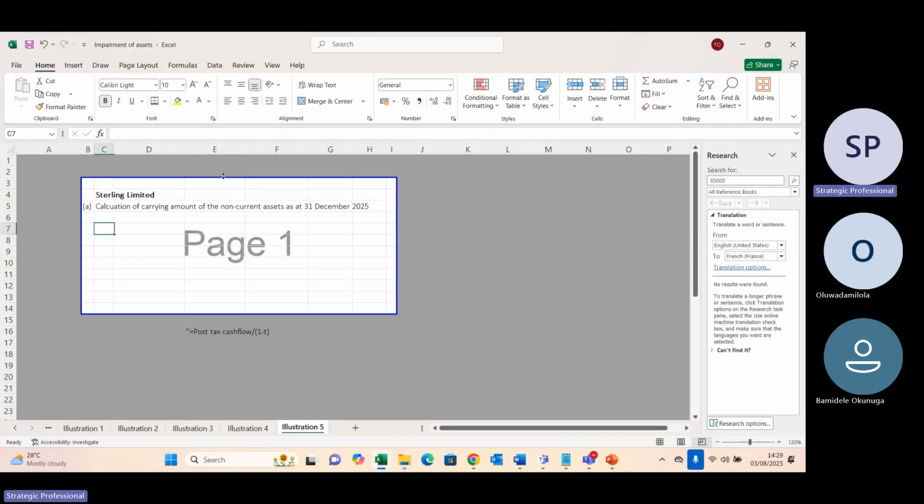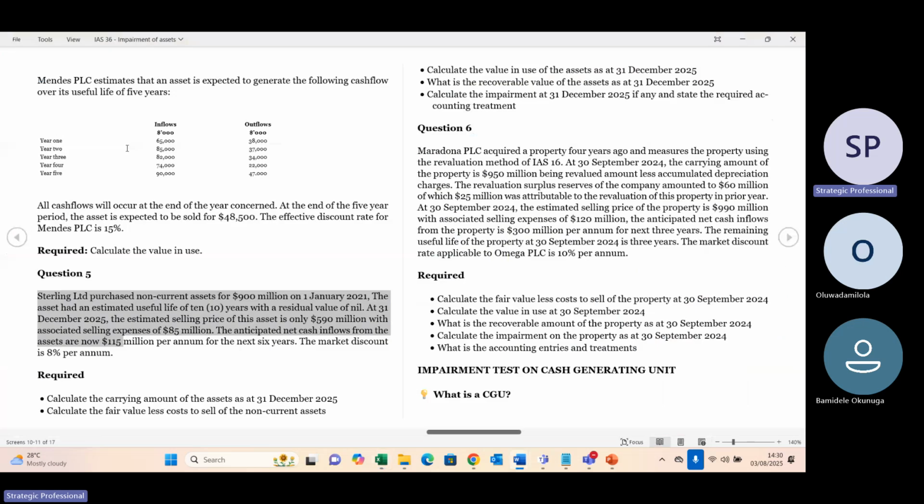I want you to understand. The examiner is saying that we should get 2025, so I will do two answers depending on which one you understand. So the company bought the asset in 2021.